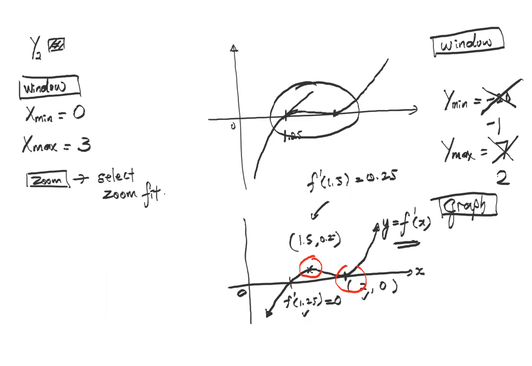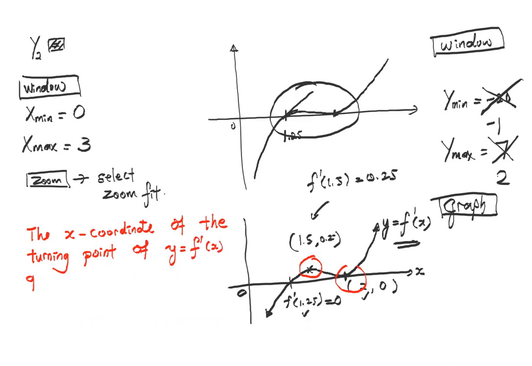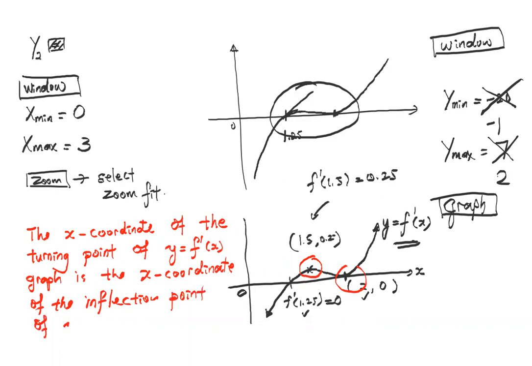I'm going to jot down here the x coordinate of the turning point of the y equal to f prime x graph is the x coordinate of the inflection point of y equal to fx. So bear that in mind.